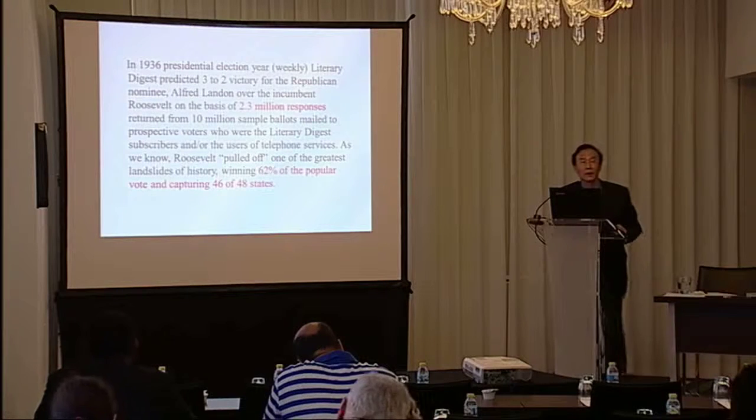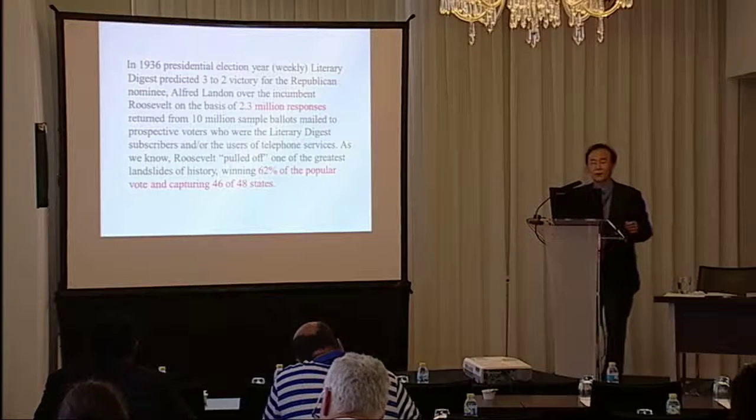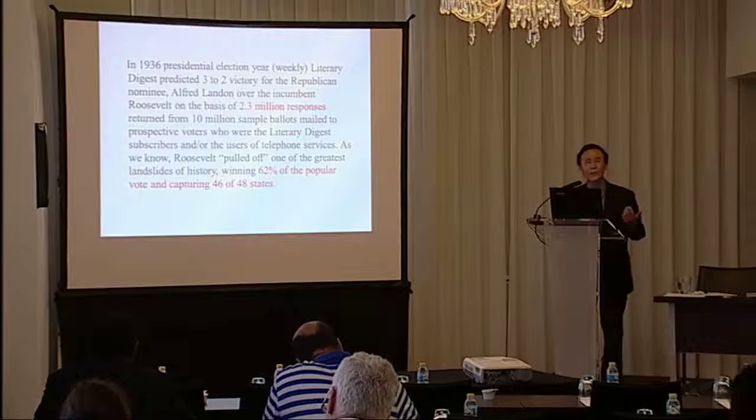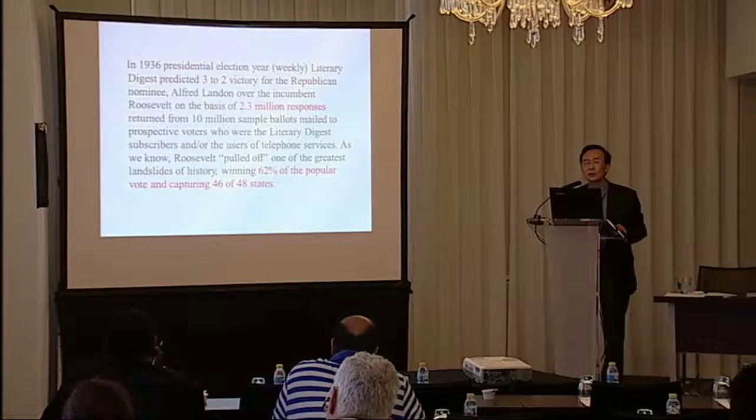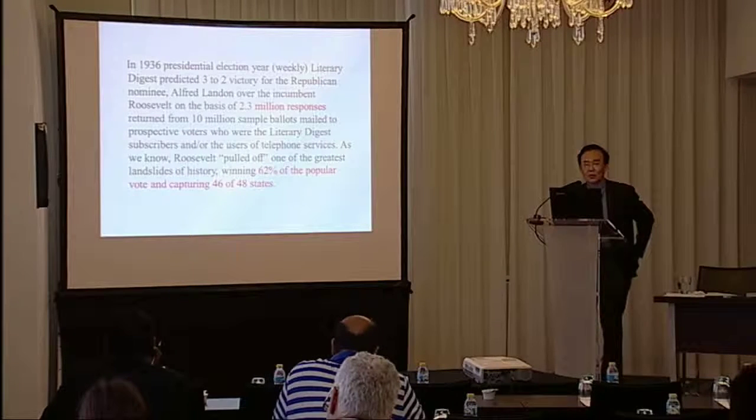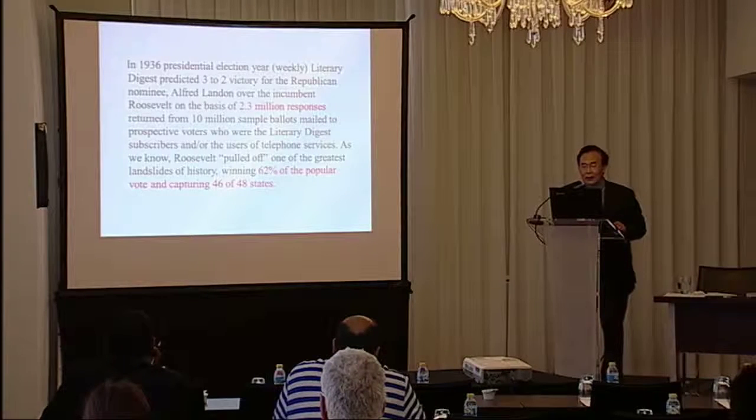Let me just give you a very quick, very dramatic example. In 1936, there was a presidential election in the U.S., and we had 2 competing candidates: Republican candidate Alfred Landon and the Democratic candidate, incumbent President Roosevelt. Based on 2.3 million respondents out of 10 million sample ballots mailed out, the Digest, the magazine, predicted that Landon would win the election.